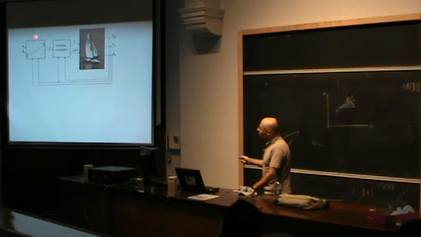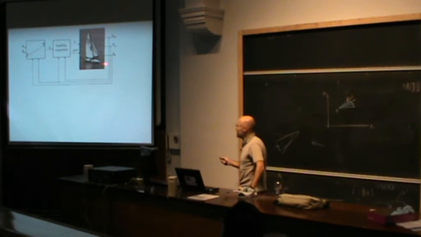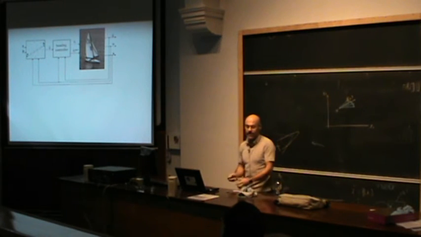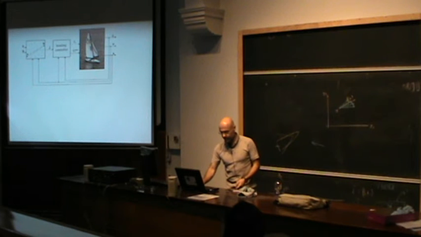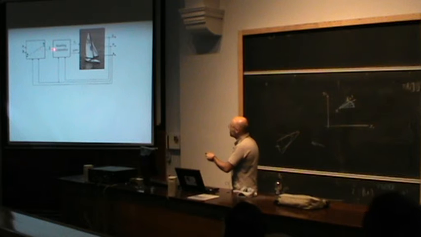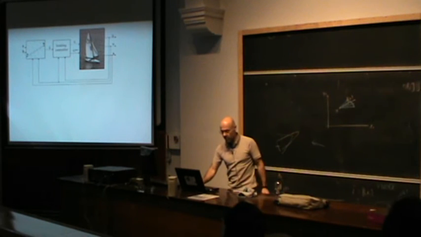And then we have another controller that will give you theta bar, so the direction to be followed, in order to follow a line. So what we want is that our robot follows a line. Okay? I will first speak about the heading controller, the low-level controller.